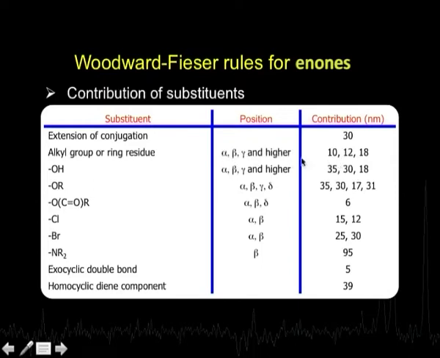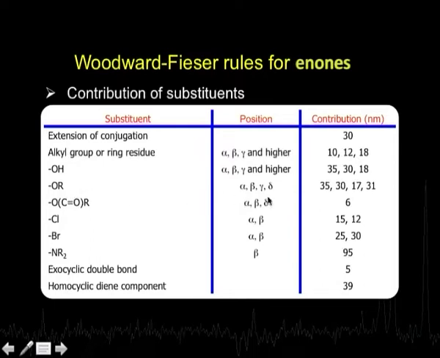At the beta position, it is 12 nanometers. At gamma, it is 18, or even beyond gamma, delta, omega, etc. For all such positions, it will be 18 nanometers each. Similarly, for an OH, we find that for alpha, beta, gamma and higher, we have 35, 30, 18 and so on and so forth. So this is an exhaustive table, which with little use we will get used to.